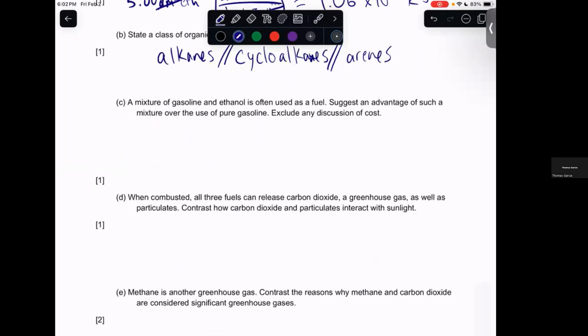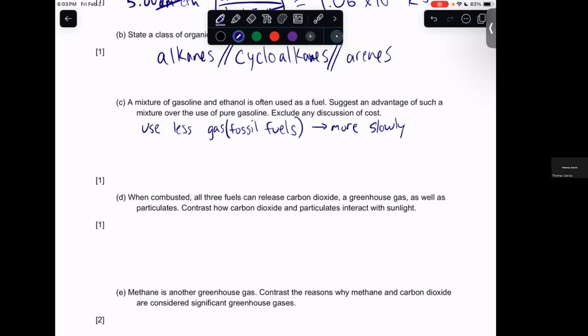A mixture of gasoline and ethanol is often used as fuel. Suggest an advantage of such a mixture over the use of pure gasoline. Well, you use less gas. In other words, you're using less fossil fuels. Right off the bat, just the fact that you're using less fossil fuels, or at least using fossil fuels more slowly, is enough.